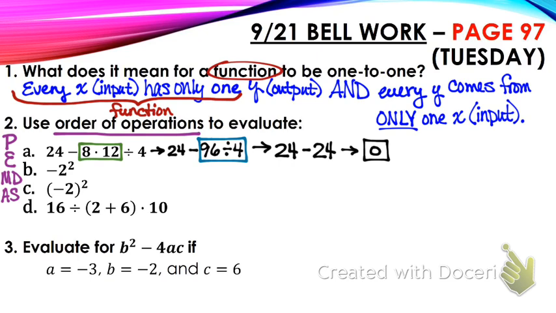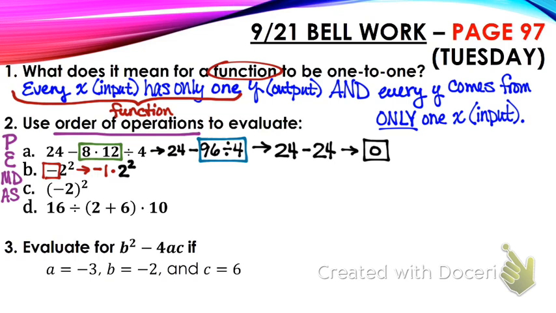Part B and part C are very, very similar, except for one key difference. What's the difference between part B and part C? One's inside parentheses and the other one isn't. This actually makes a big difference when we're talking about order of operations. Because technically, in part B, this minus out in front means I'm taking -1 and multiplying it by 2 squared.